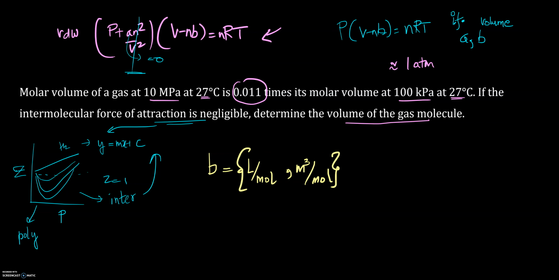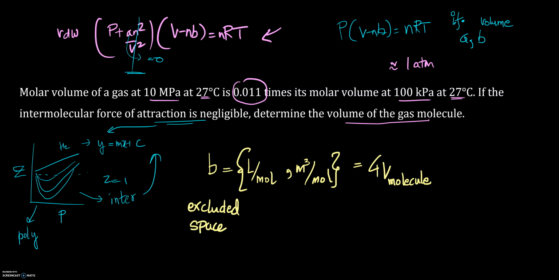Now, we are talking about individual gas molecules, which means that the value that you get will have to be divided by Na first. And most importantly, this is equal to 4 times the volume of the actual molecule. This is the excluded space. Now, there's a bit of a derivation for the excluded space.